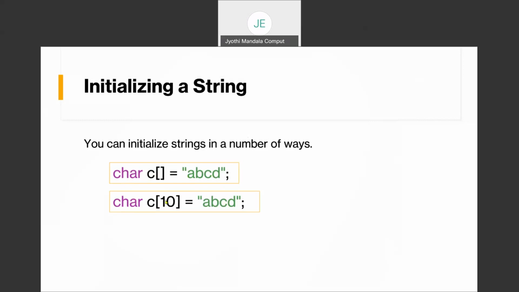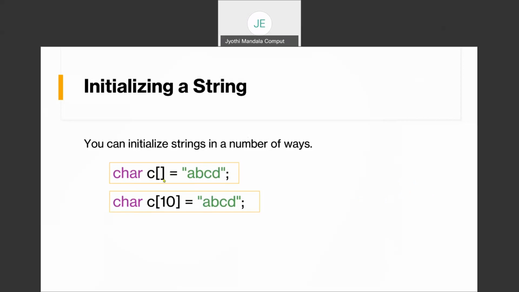If you mention the size here, this is also acceptable. Then 10 memory locations will be allocated, and of those 10, the first 4 will be allocated to A, B, C, D, the fifth memory location will be allocated to \0, and the remaining 5 memory locations will be free, empty.